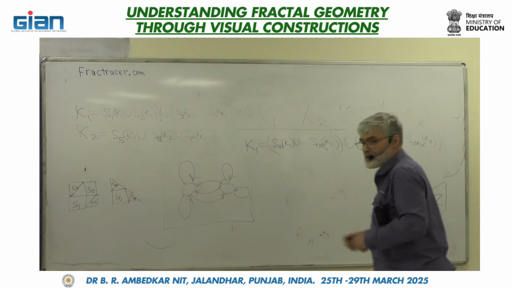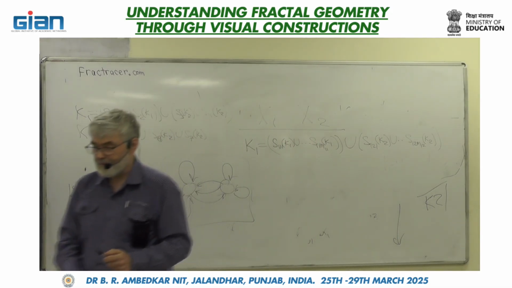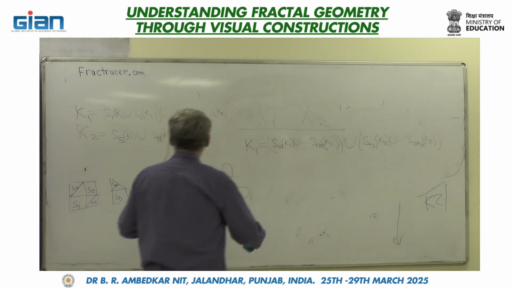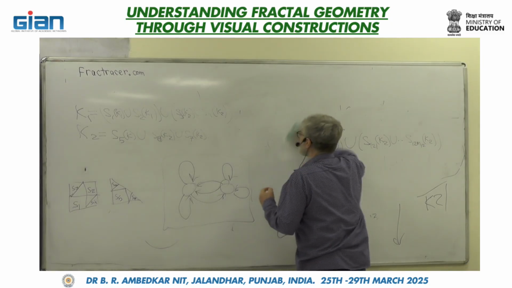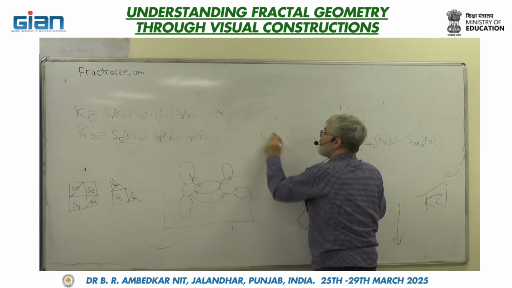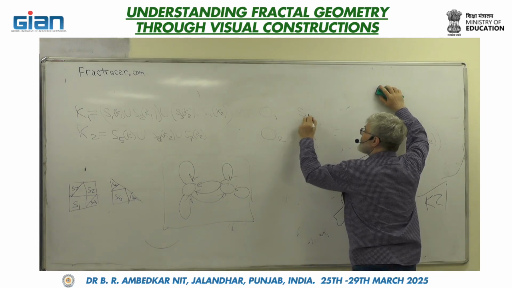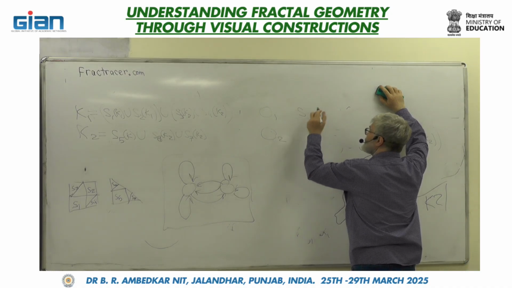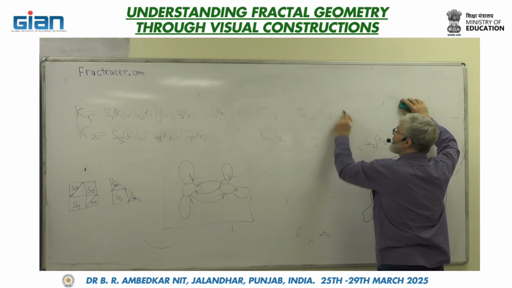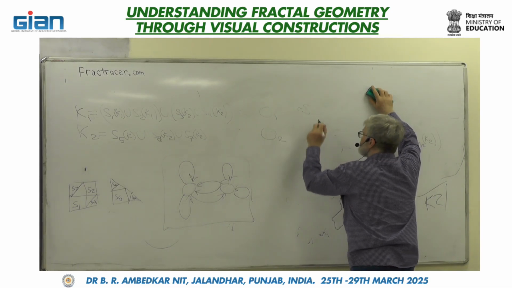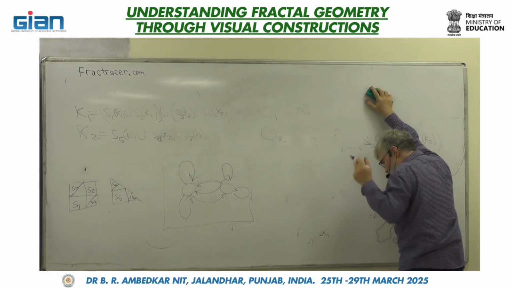So in that case, we need to have several open sets. So if we have two components, we have the sets O1 and O2, and we have that S_{1,i} of O1 intersection ... So how to write it?